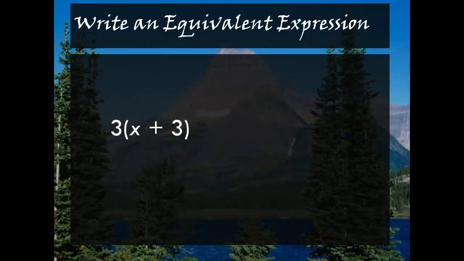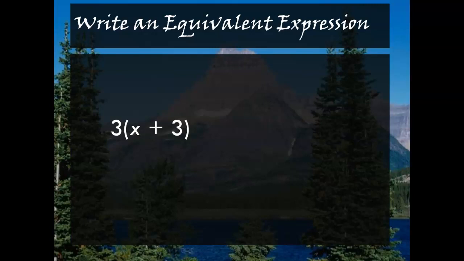In our first example, we will write an expression that is equivalent to 3 times the quantity x plus 3. Since we don't know what x is equal to, we cannot solve x plus 3 inside the parentheses. One way you could write an equivalent expression is to do repeated addition. We have 3 times x plus 3.